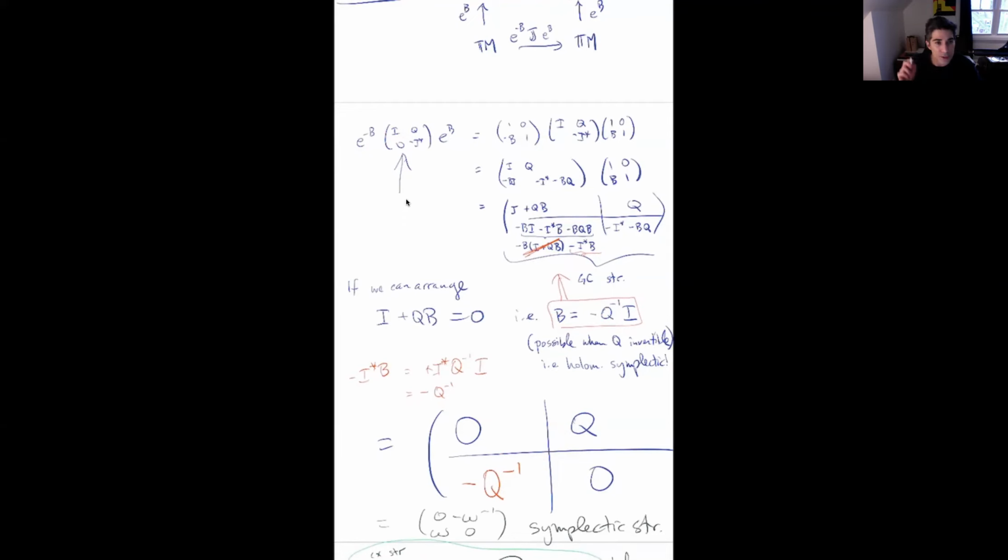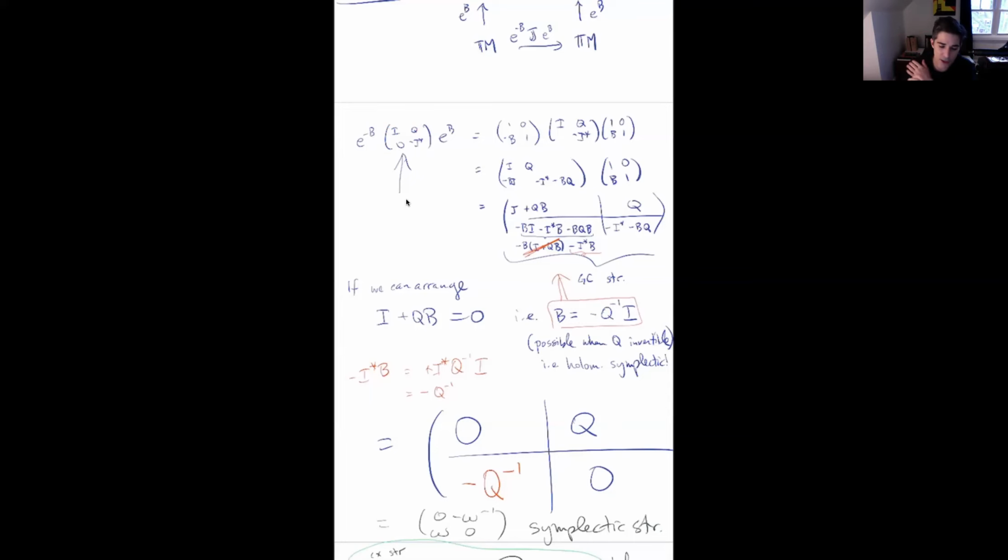Okay, so what does this mean? This means that any holomorphic Poisson structure, so you could have a holomorphic Poisson manifold, there might be a region in that manifold where Q is invertible, where the Poisson bracket is non-degenerate. It doesn't have to be the whole space. It could be just an open set inside the space.